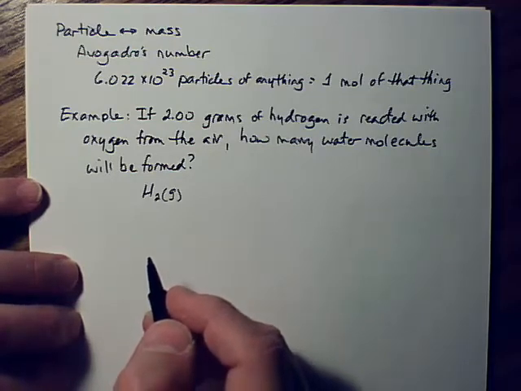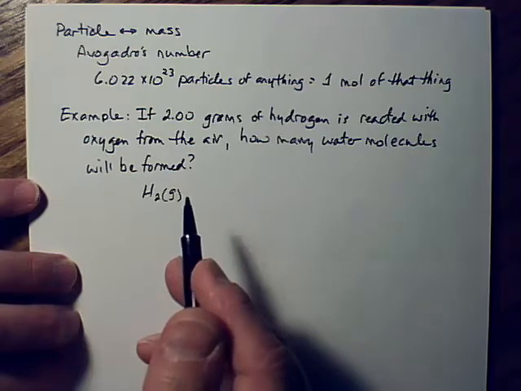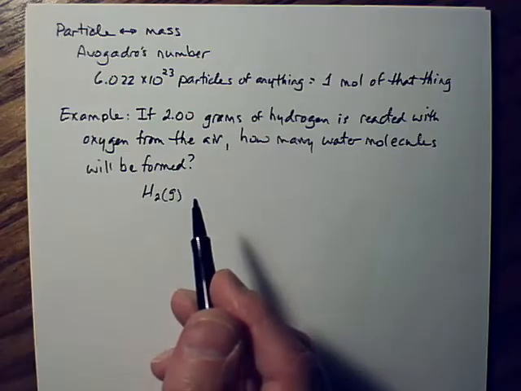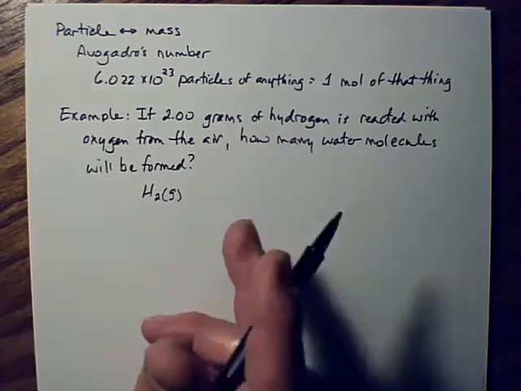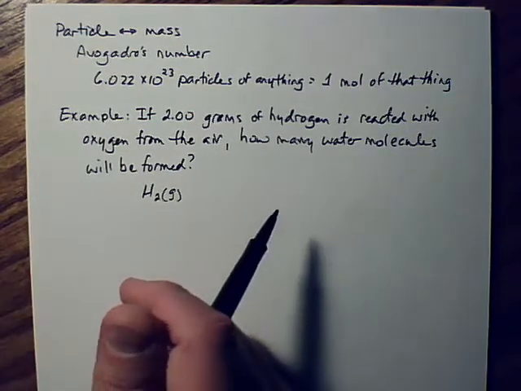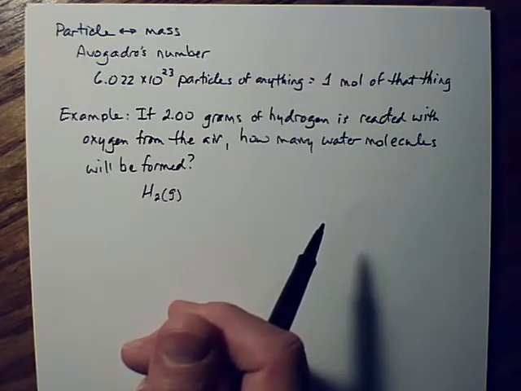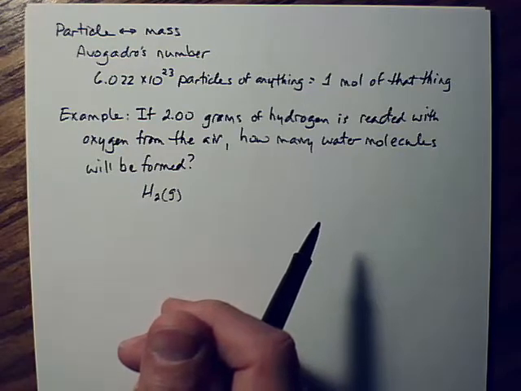Can I list them again? Hydrogen, oxygen, nitrogen, fluorine, and chlorine. I haven't listed iodine. Iodine is kind of a special case. Iodine actually sublimates at room temperature and pressure, meaning it goes directly from being a solid to a gas.